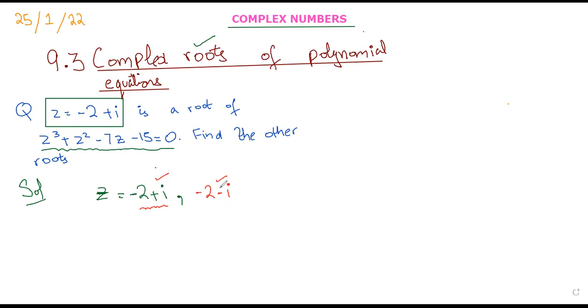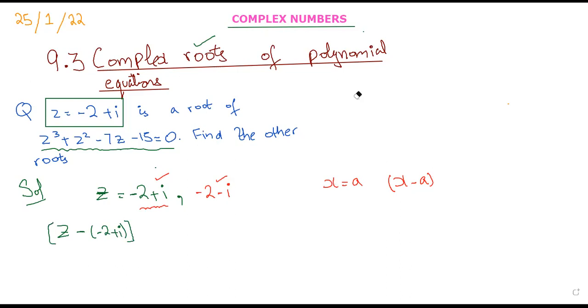Now, if these two are roots, what is the corresponding factor? When we say x equals a is a root, we say that x minus a would be a factor. So the factor would be z minus (-2 plus iota), just like our previous knowledge, right? This is going to be a factor, isn't it?